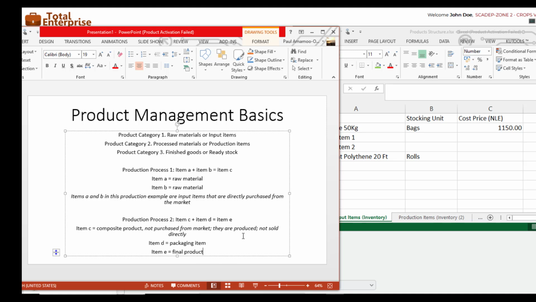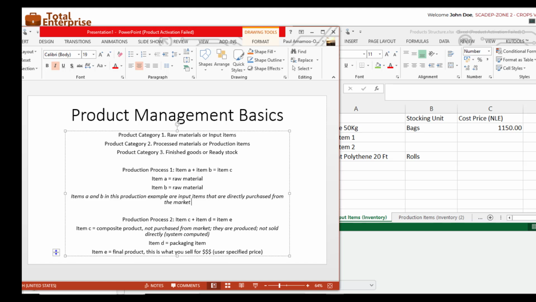Now your final product, this is what you sell for money. So this has a selling price that the user specifies. And for a composite product, the system will have to compute that for you.